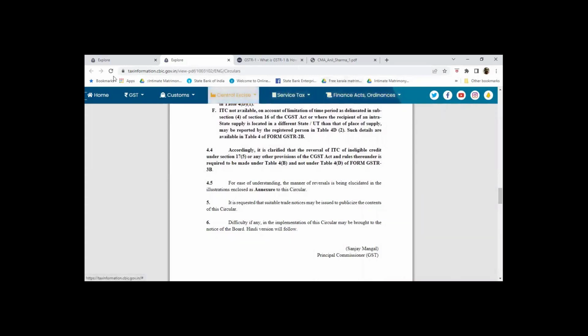ITC which is not available, which is ineligible on account of limitation of time period as per subsection 4 of section 16 of CGST Act, or where the recipient is an intrastate supply located in a different state or union territory than that of place of supply, may be reported by the taxable person in table 4D2, and the details will be available from table 4 of Form GSTR 2B.